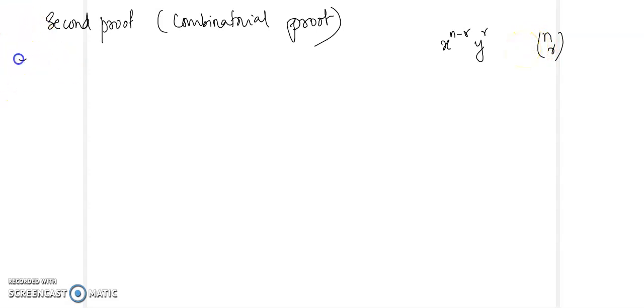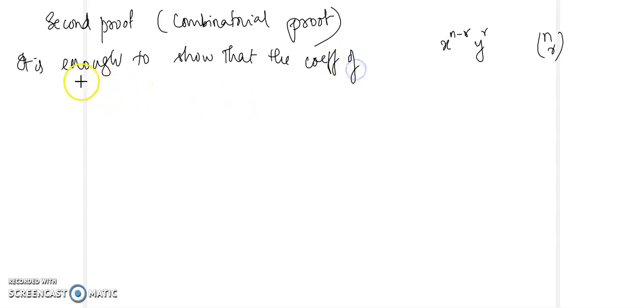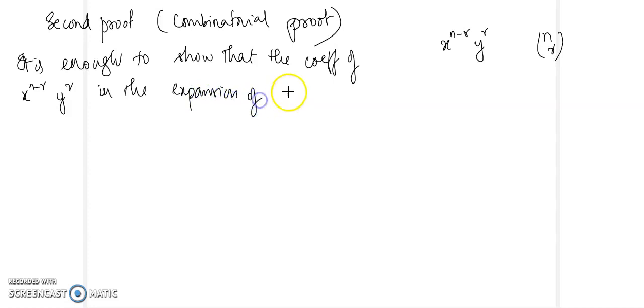So it is enough to show that the coefficient of x raised to n minus r, y raised to r in the expansion of x plus y whole raised to n is nCr.